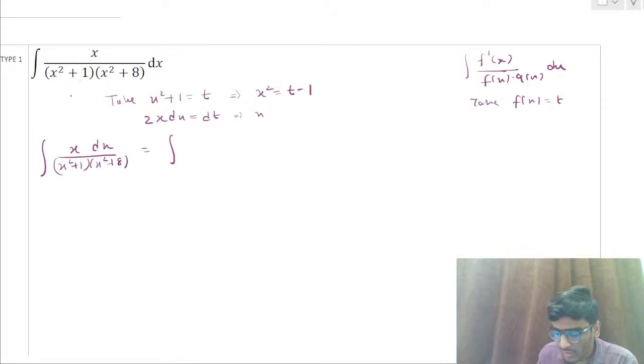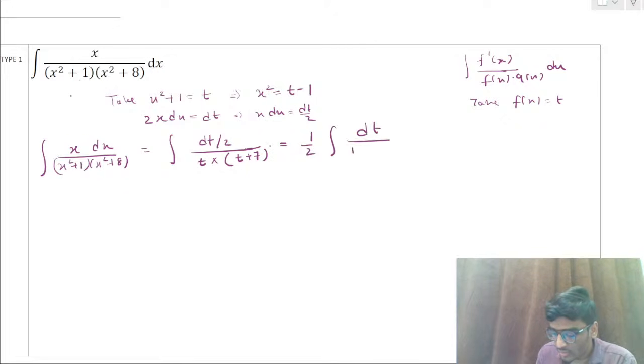Now when we replace this, what we will get? x dx becomes dt by 2, whole upon x square plus 1 becomes t, times, now we replace x square as t minus 1, we get t minus 1 plus 8, which is nothing but 1 upon 2 integration of dt upon t times (t plus 7). Now we can use partial fraction. We write 1 upon t(t plus 7) in partial fraction form as a upon t plus b upon t plus 7.